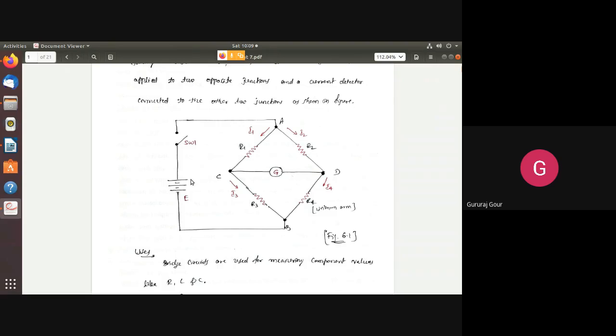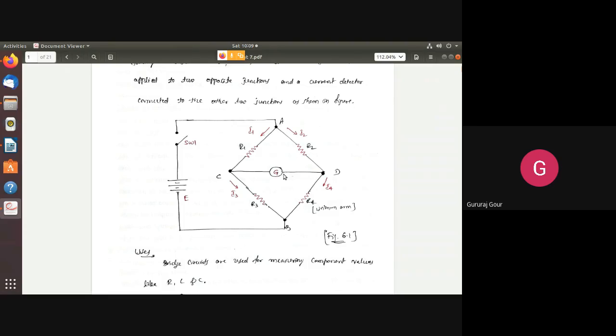So as you can see here, DC source E is connected with the switch SW1 between the points A and B. Before switch SW1 is closed, galvanometer G, that is now used as a current detector connected between the points C and D, should be properly calibrated.